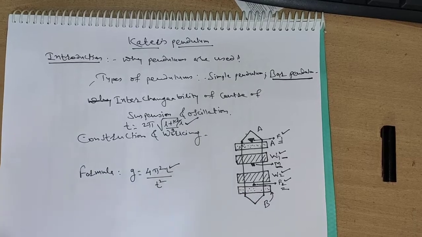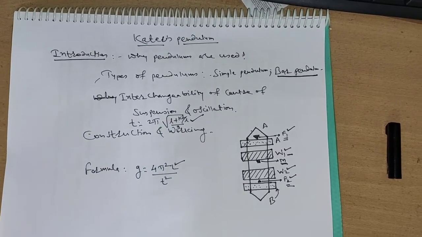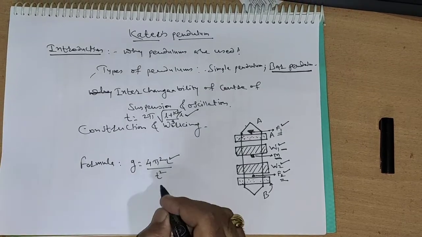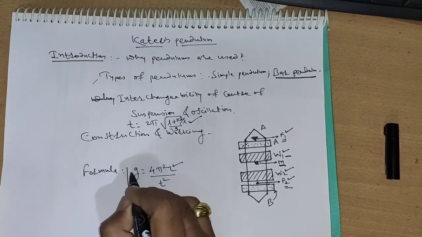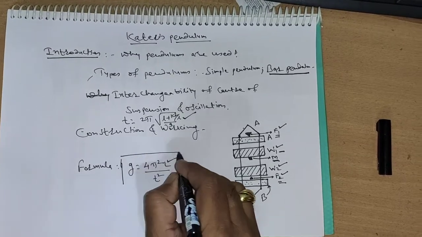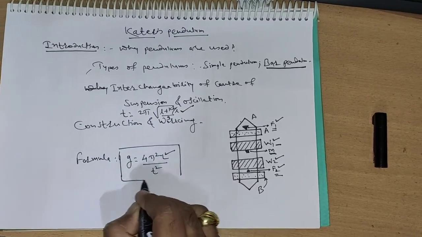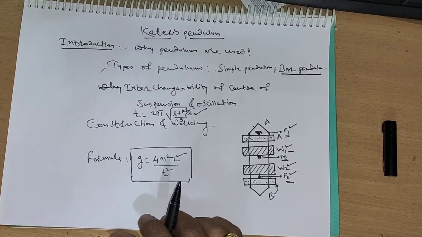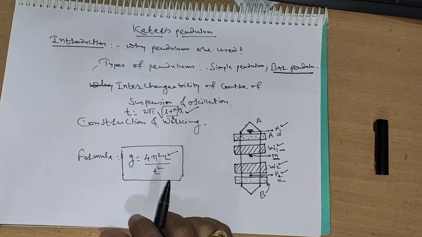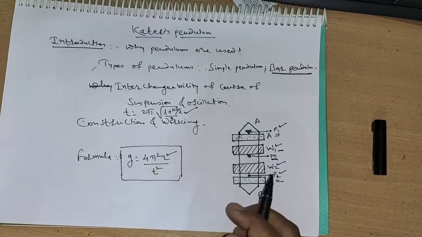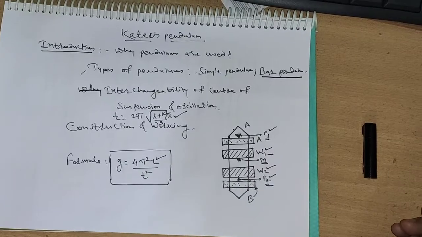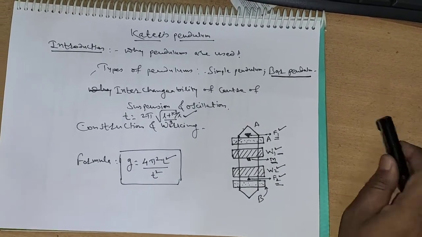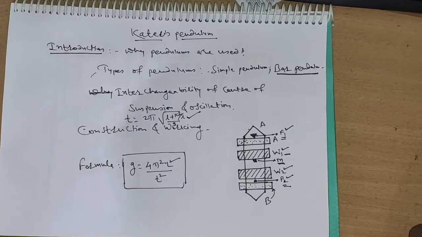The value of g is then calculated by the formula g = 4π²L/T², where T is the mean of the time periods about the two knife edges. In this way, friends, we are able to find the acceleration due to gravity using Kater's pendulum. Thank you.